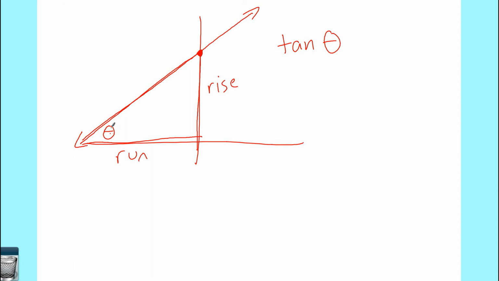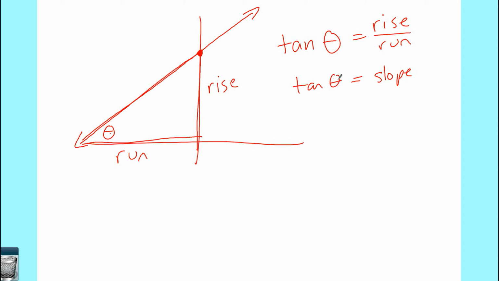So tangent of theta is opposite over adjacent. Wasn't that fancy? Rise over run, another fancy way of saying slope. So the tangent of theta is just equal to your slope.